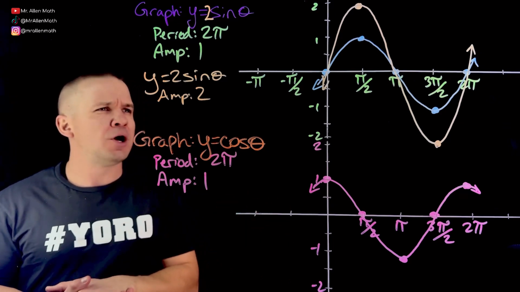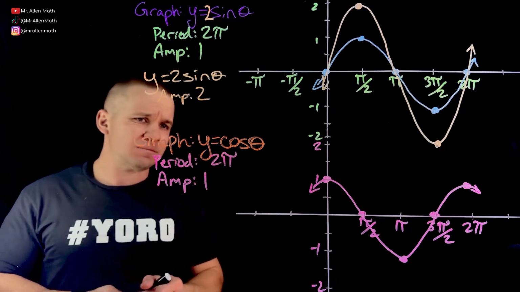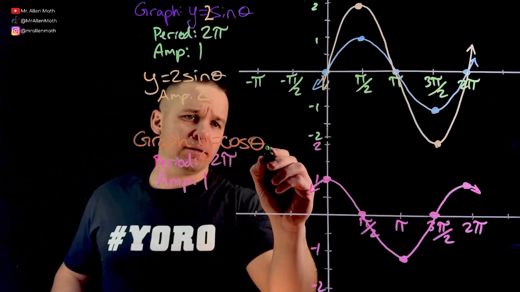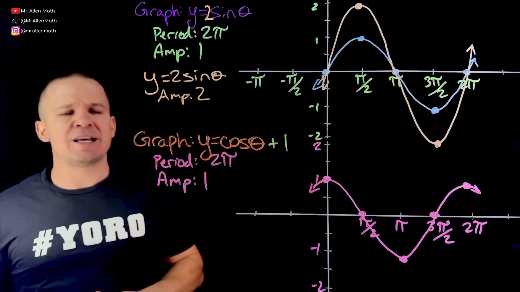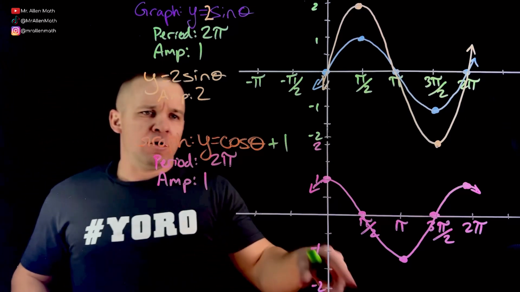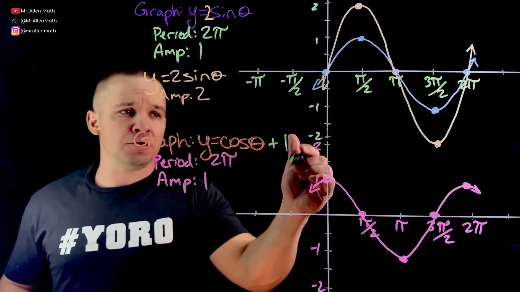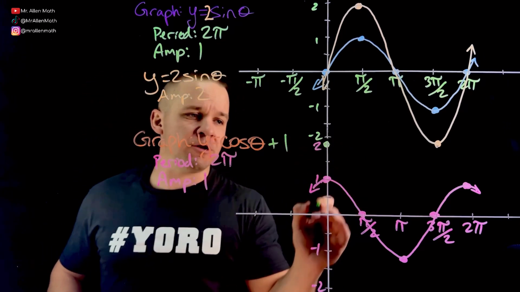How about for cosine? Let's go ahead and let's add a number. How about that? I'm going to add 1. Well, what's that going to do? Well, if I'm going to add 1 to this graph, when I do cosine of 0, that was 1, plus 1 is 2. Oh, it's going to shift up here.